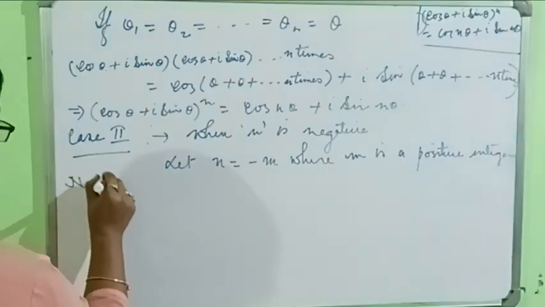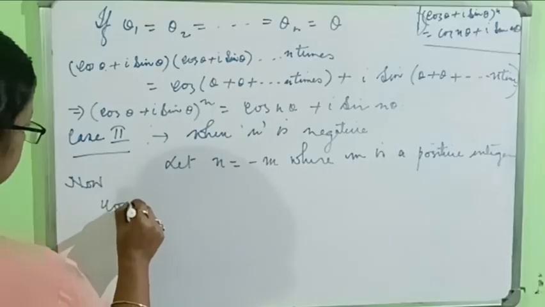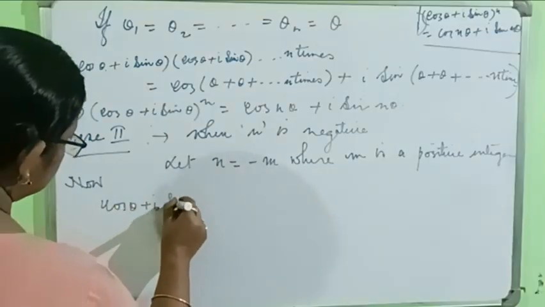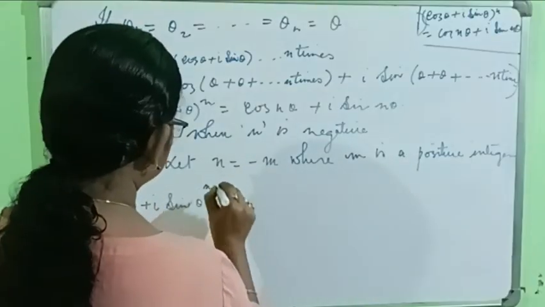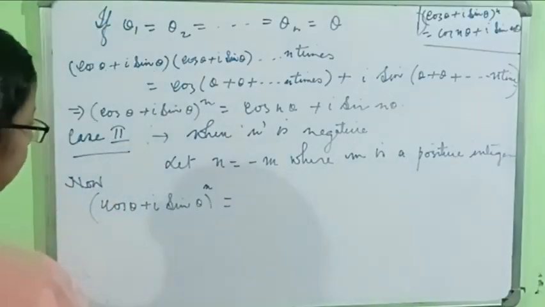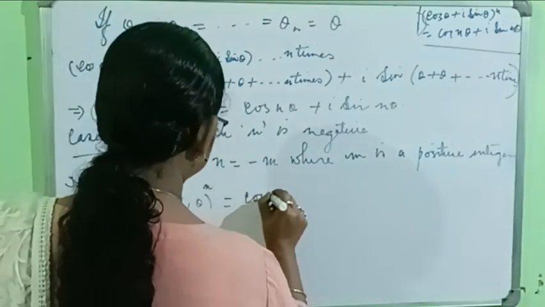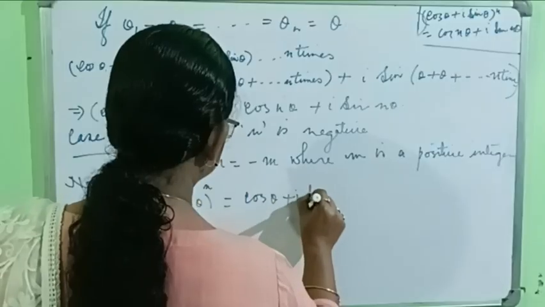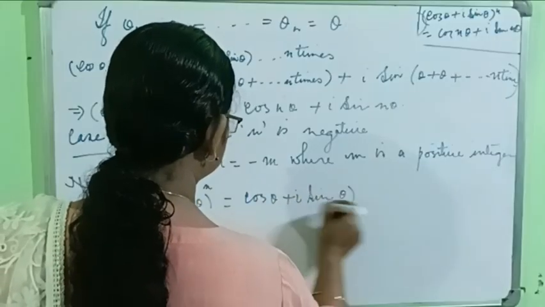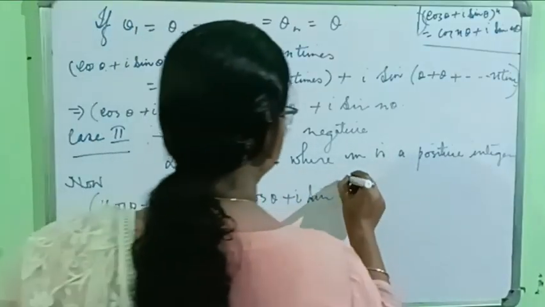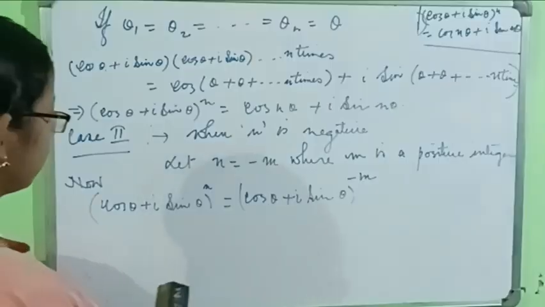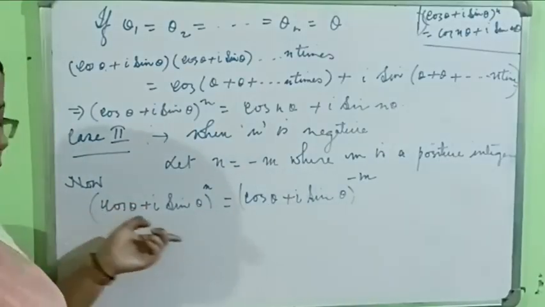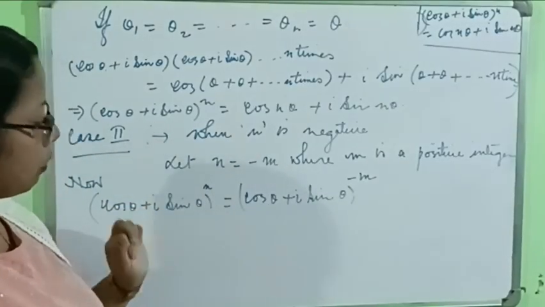Now consider (cos theta + i sin theta)^n.